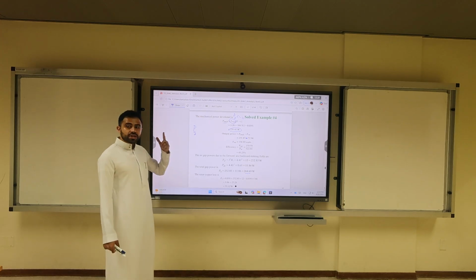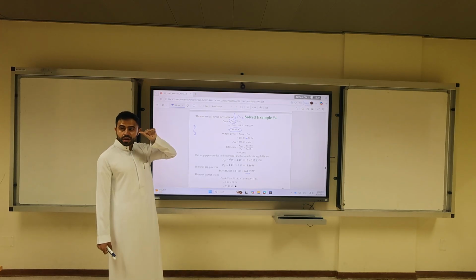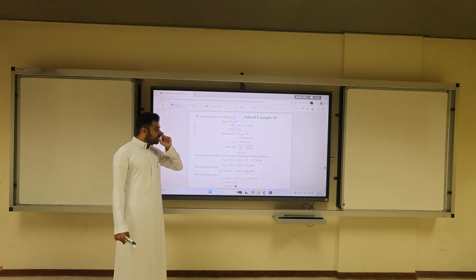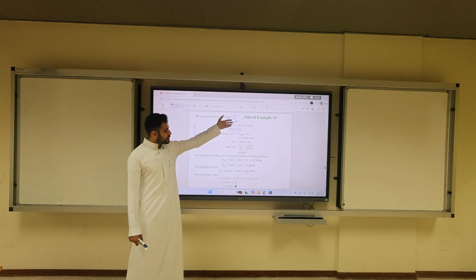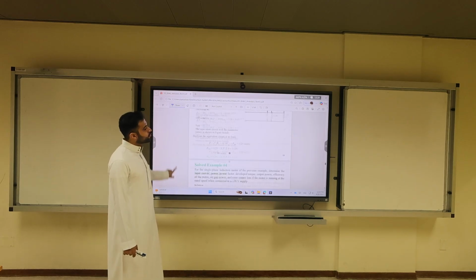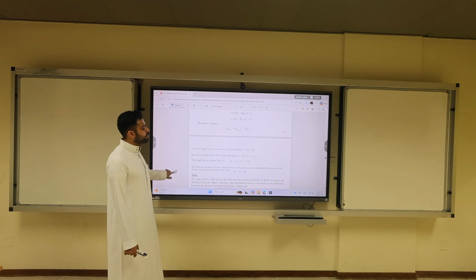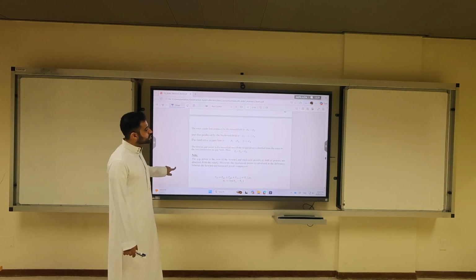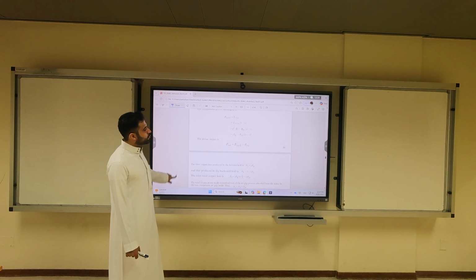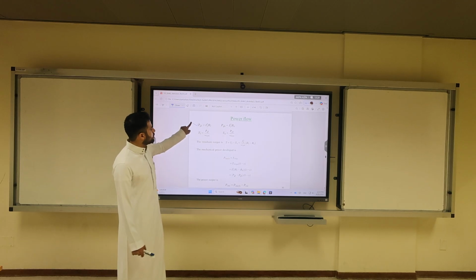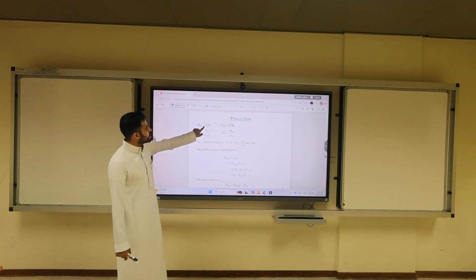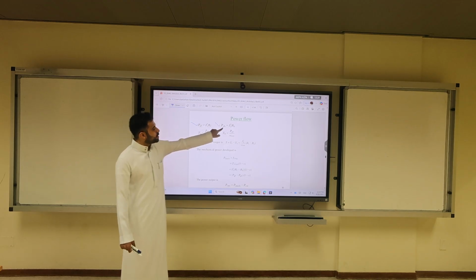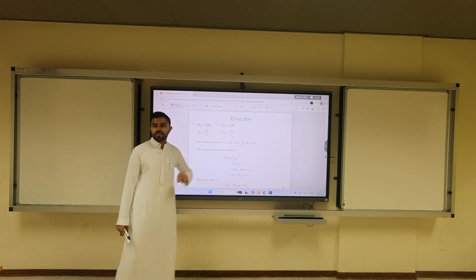But the question asks you to calculate the forward and the backward. So you cannot use the S equations, you have to go back to the formula of the air gap power for forward and backward. If I'm not mistaken, the forward air gap power has this formula, the backward has this formula. It has I1 square RF, I1 square RB.